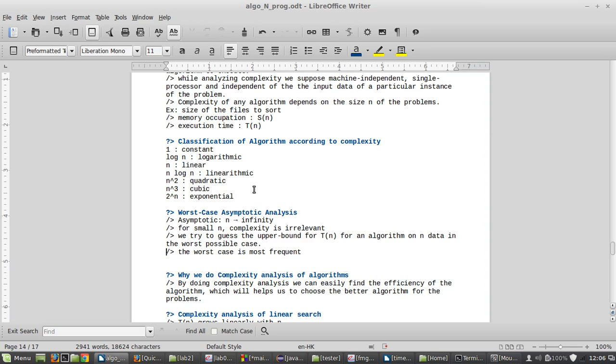For smaller n, as I have already noted before, the complexity is irrelevant. Irrelevant means it is not needed. Complexity is not needed, not occurred.